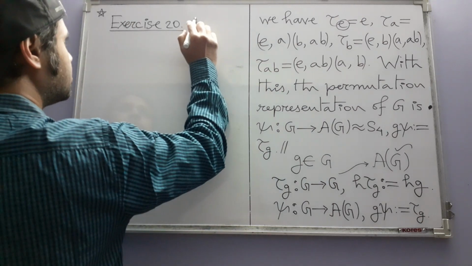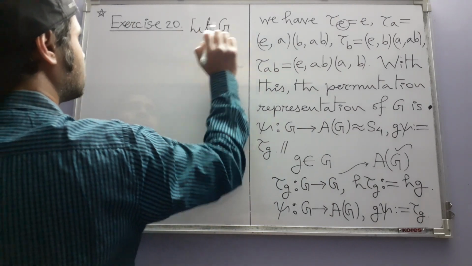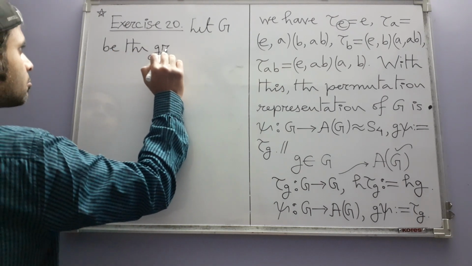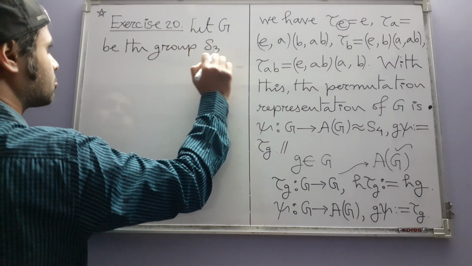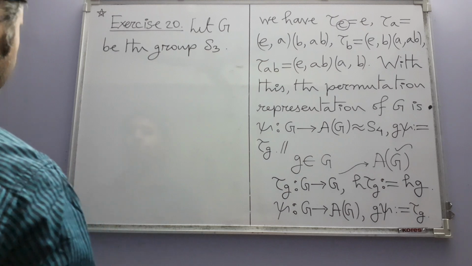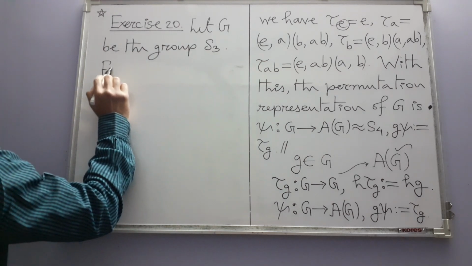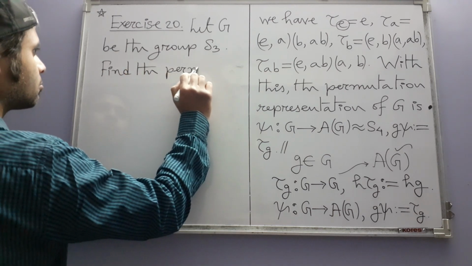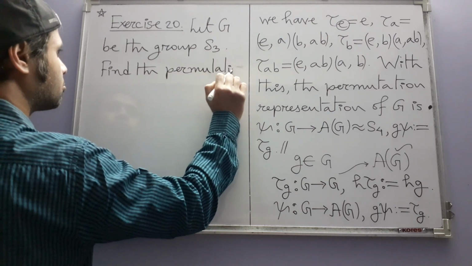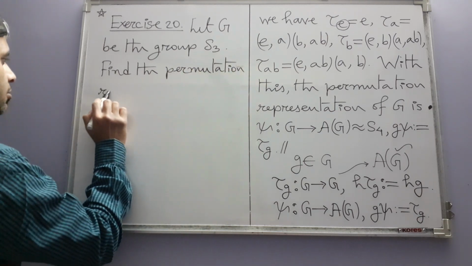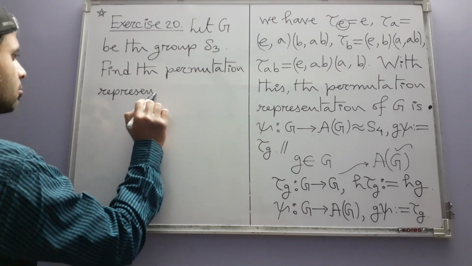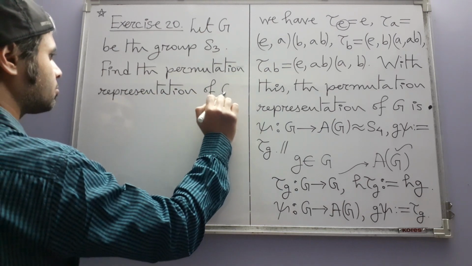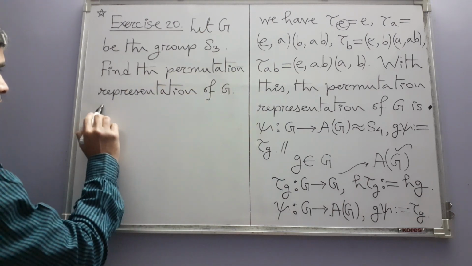Let G be the group. Find the permutation representation of G, and there is a small note also.